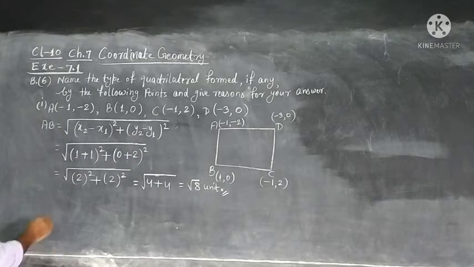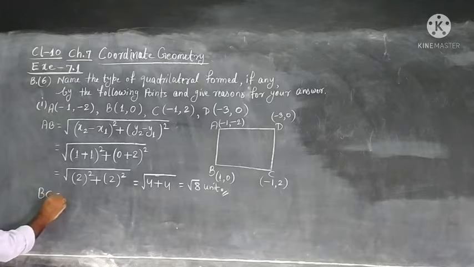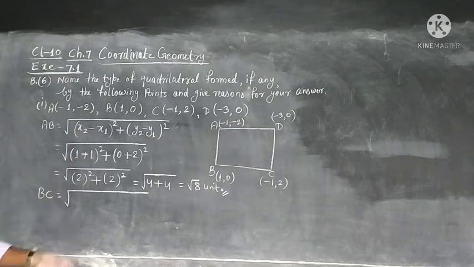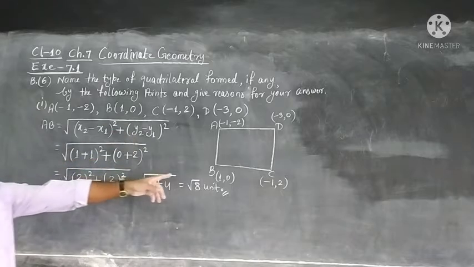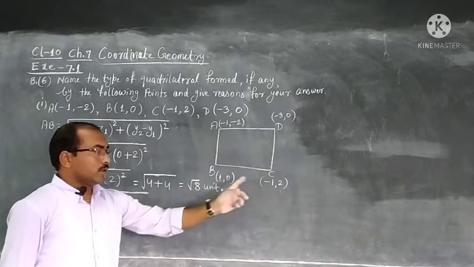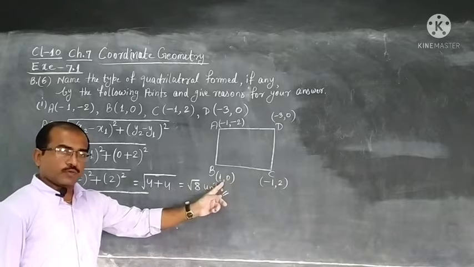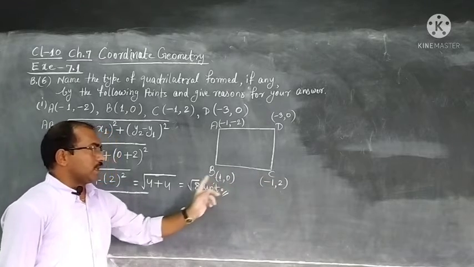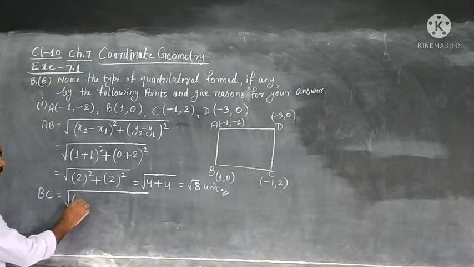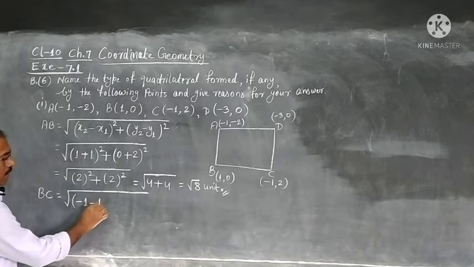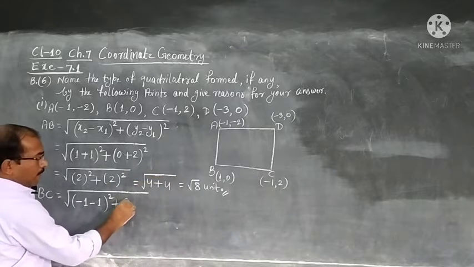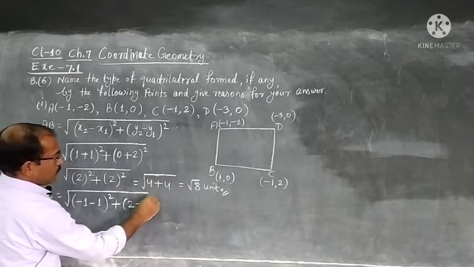Let us go to another one, BC. Again we will not write the same formula, we will just refer to it, but we will look at the 2 points B and C. B is first, x1 y1, and C is later, x2 y2. So x2 minus x1 will be -1 minus 1, which is -2, whole square, plus y2 minus y1, 2 minus 0, whole square.